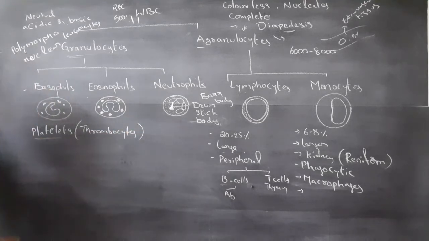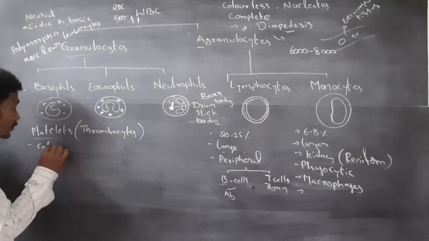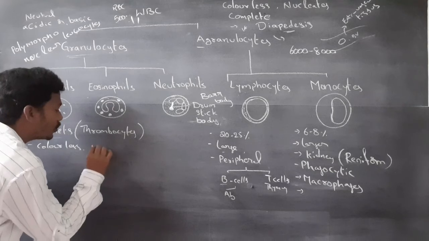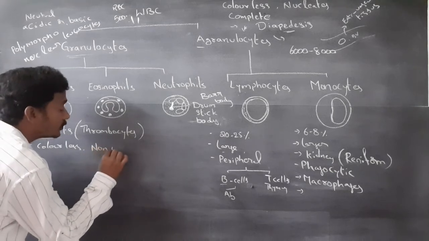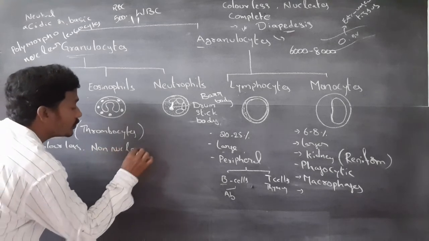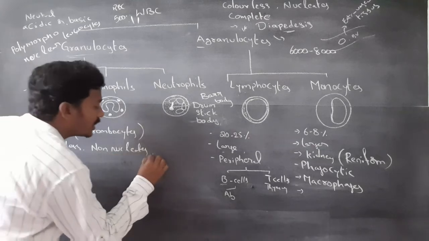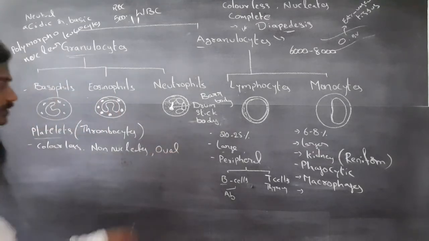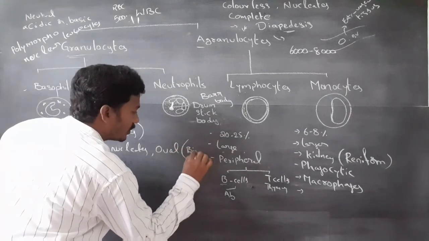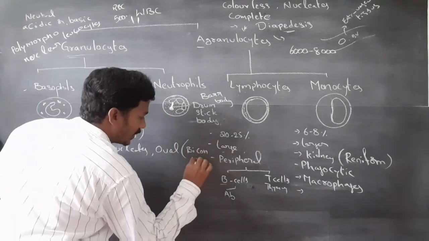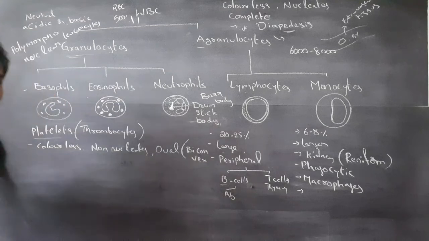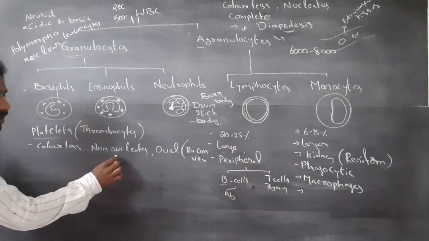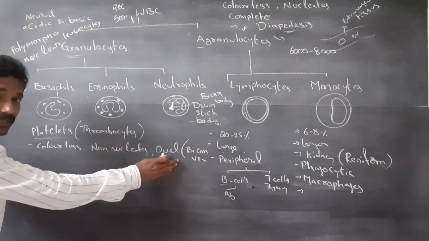Platelets are colorless, non-nucleated, oval shaped, biconvex cells.